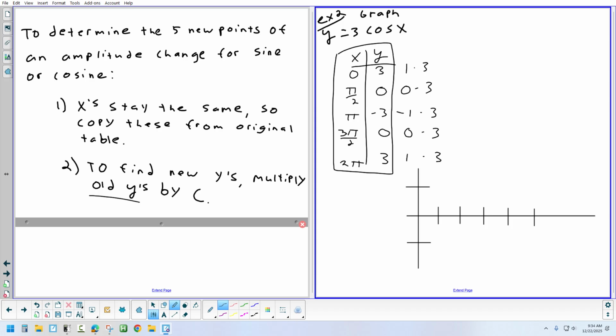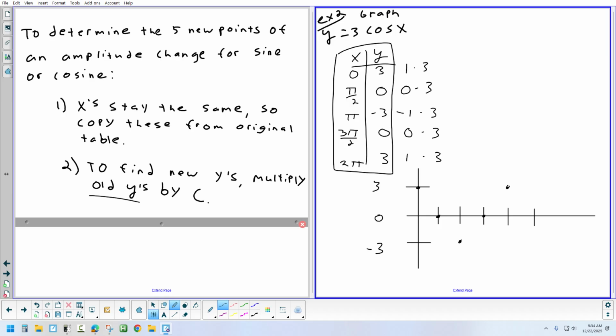Now, a lot of my graphs are going to look the same when I do stretches because I change my axes. I'm just going to make this 3 and negative 3. So it's not even going to look like I stretched it because I changed my scale. But to me, it's easier to change my scale than to have to draw something bigger and bigger. So 3, 0, negative 3, 0, 3.